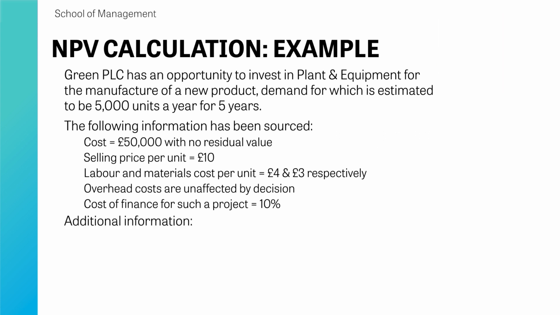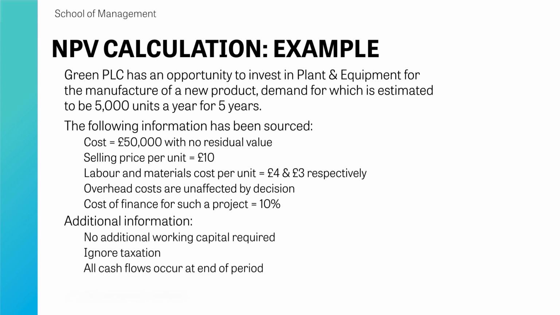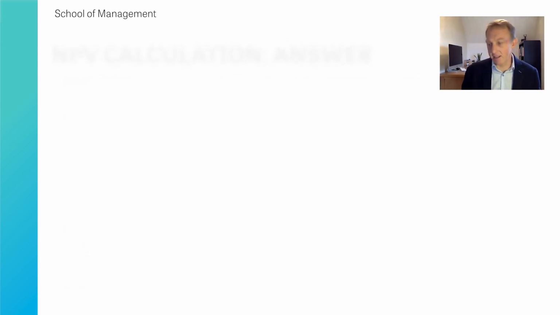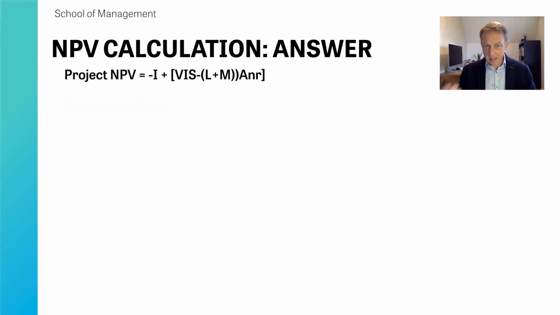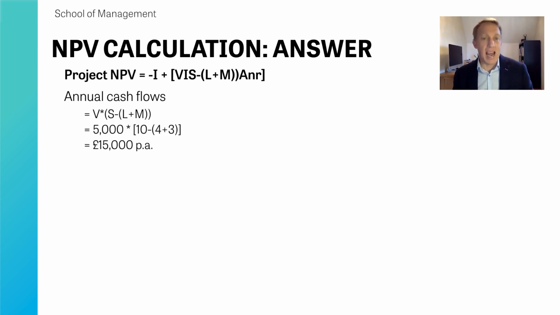What we're assuming here is that we don't need any extra working capital. We've been told to ignore tax because the tax people sort that out. So the question now to pose is: is the project viable? So let's analyze it. On the face of it, we can apply our formula, and we're just going to get our annual cash flows, and annually our cash flow is going to be £15,000 positive.